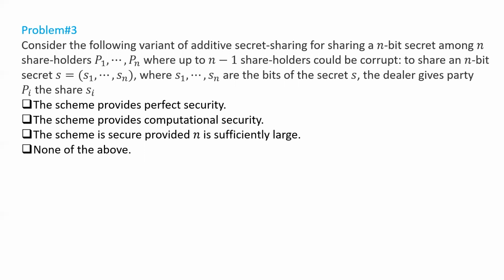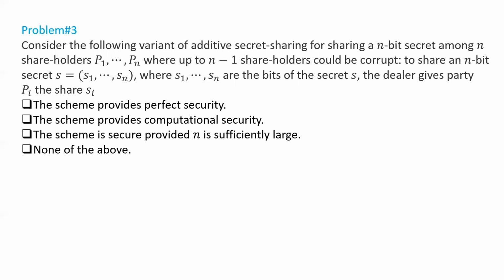So you have this secret with n bits and you want to share it among n parties, and you provide each bit of the secret S as the corresponding secret share to party Pi. So Si is the secret share of party Pi.